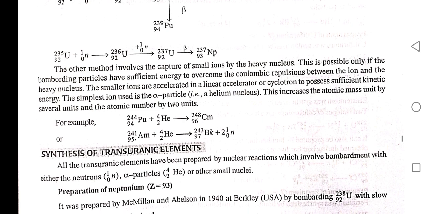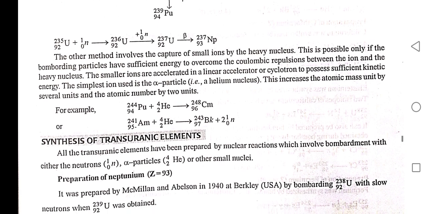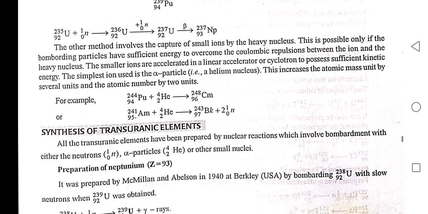The other method involves the capture of small ions by the heavy nucleus. This is possible only if the bombarding particle has sufficient energy to overcome the Coulombic repulsion between the ion and the heavy nucleus.